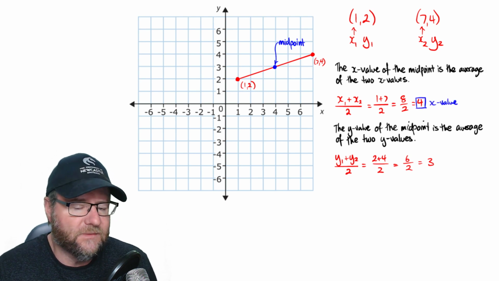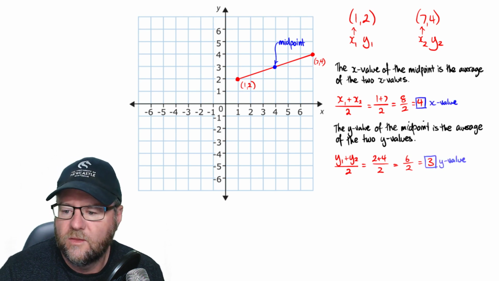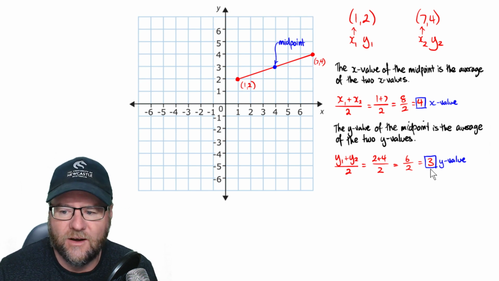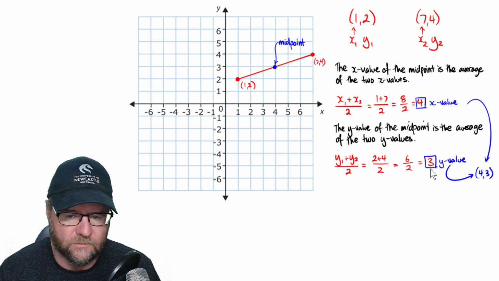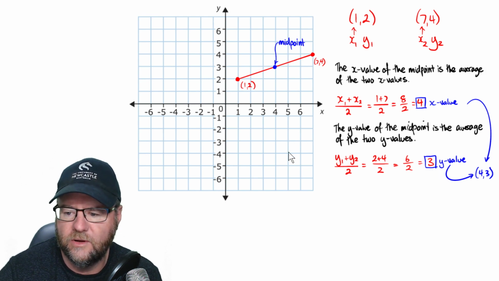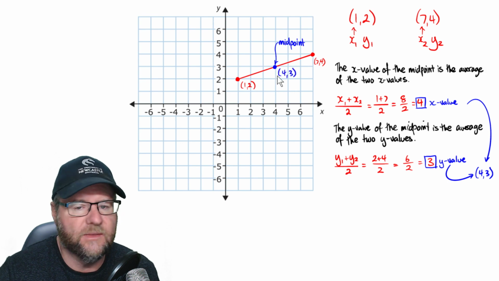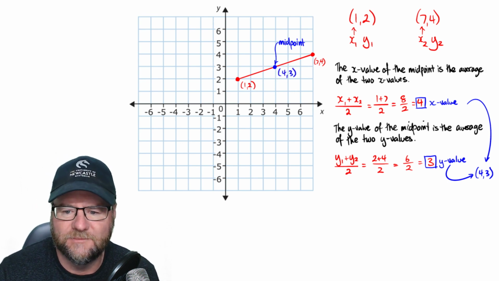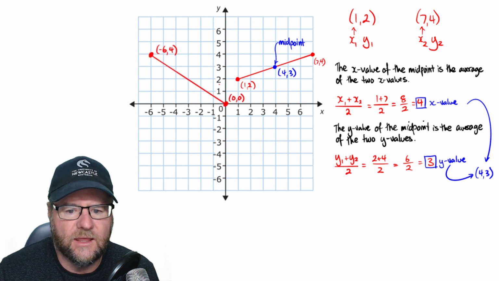That's it. The X value of my midpoint is 4. The Y value of my midpoint is 3. And if I put them into coordinate form, the X and the Y, I get (4, 3). So if I have a look up here, that's exactly what I thought was going to be the case before we started.